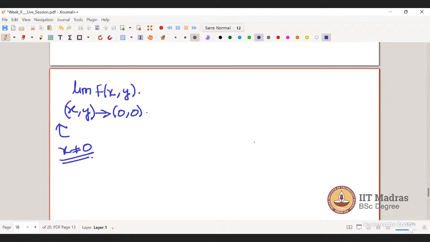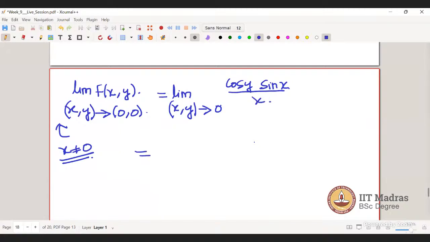If x is non-zero, what will be the value of this function? Cos y times sin x by x. Right.